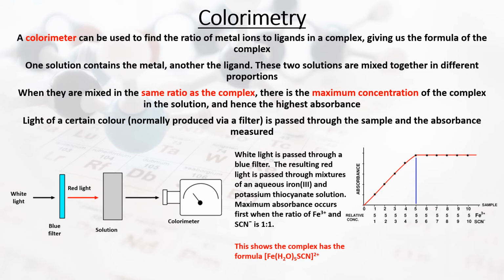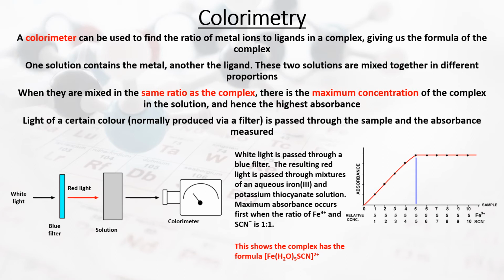This then goes to a colorimeter, which measures the amount of light that comes out the other end. Essentially we're looking at the absorbance, how much light hasn't come through. The absorbance and the transmittance are two different properties. The transmittance tells you how much is coming through, while the absorbance tells you how much does not come through and has been absorbed by the sample.